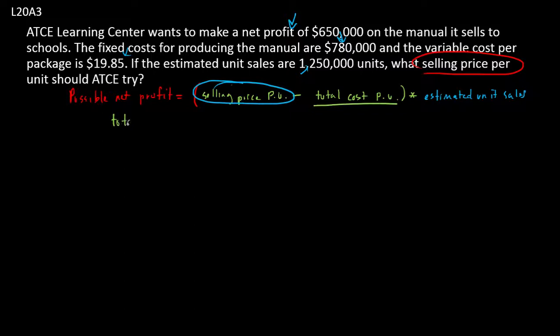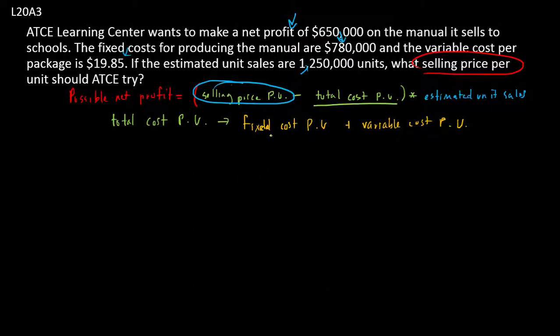The equation for total cost per unit is fixed cost per unit plus variable cost per unit.